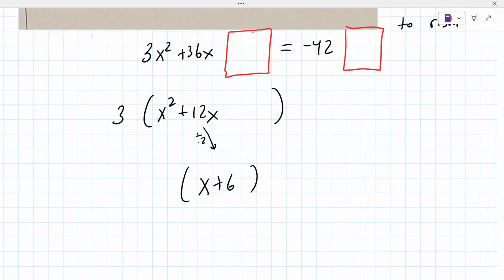So x plus 6. And then do you remember what goes back in that position? No, you square it. So that becomes plus 36.